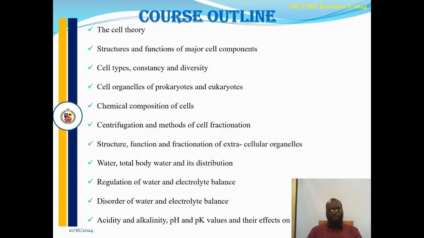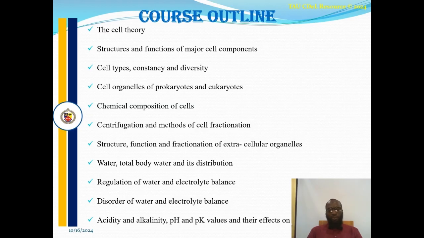This is the course outline, cell theory. We're going to be looking at the cell theory, structures and functions of major cell components, cell types, constancy and diversity, cell organelles of prokaryotes and eukaryotes, chemical composition of cells, centrifugation and method of cell fractionation, structure, function, and fractionation of extracellular organelles, water.